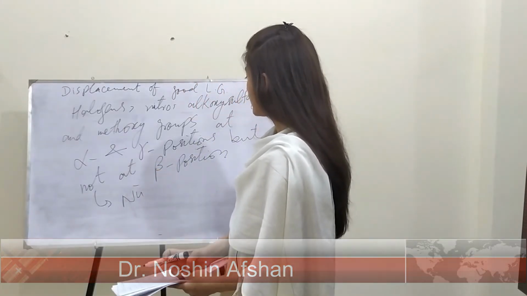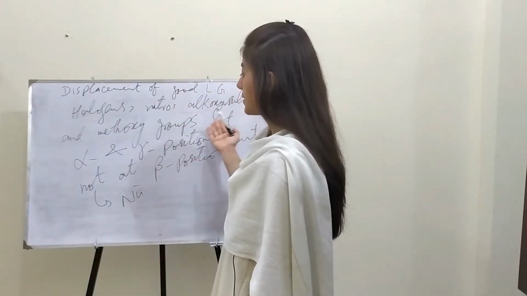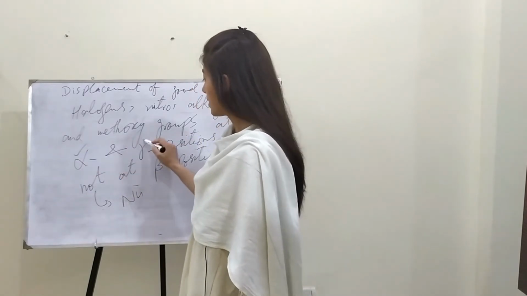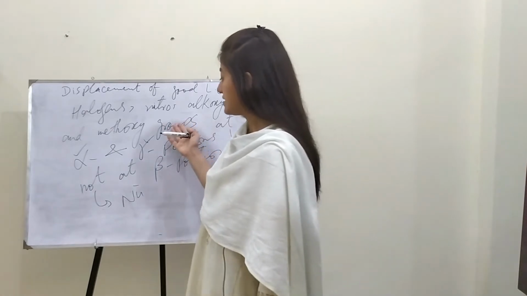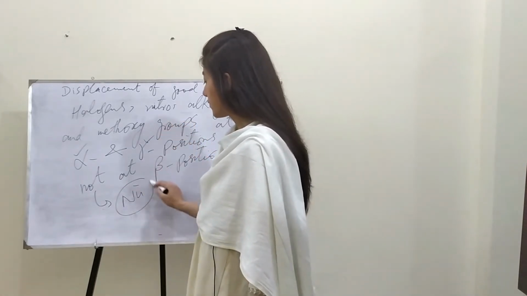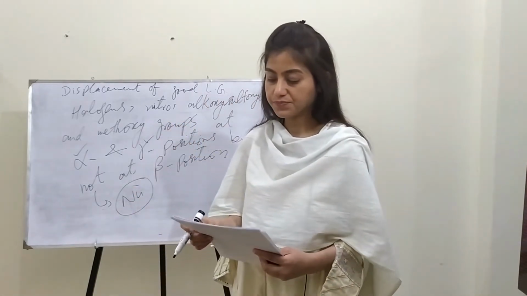So that means if these groups are present at either alpha or gamma position of the pyridine, they may be easily substituted with a wide range of other nucleophiles.